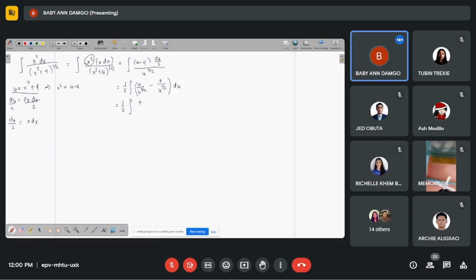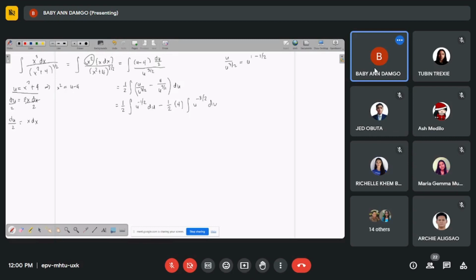So minus du minus 1 half times 4. Okay? Tungod ani ha, na integration of, so ito na ibutang sa numerator, we have u to the negative 3 halves du. Okay, so simplify, we have 1 half integration of u to the negative 1 half du minus 2 integration of u to the negative 3 halves du.